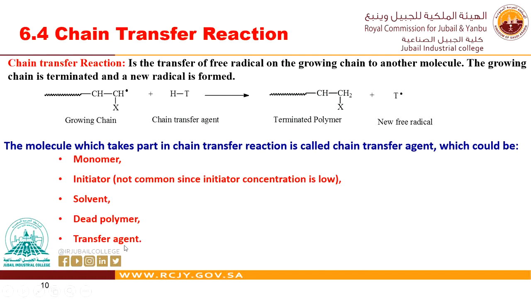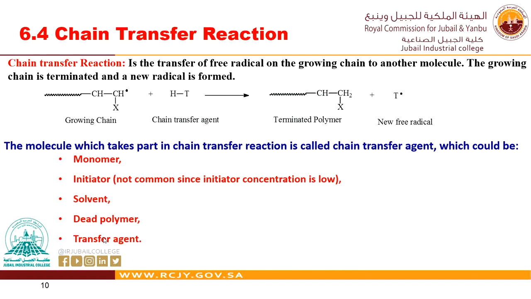Sometimes you need to add a transfer agent into the reactor to control the molecular weight. So this process is called chain transfer reaction, and as I said, chain transfer could be to a monomer, initiator, solvent, dead polymer, or a transfer agent.